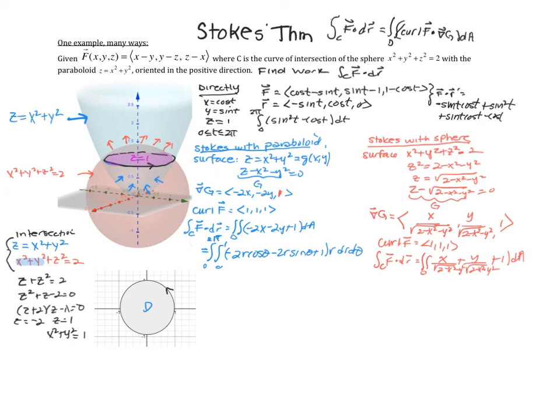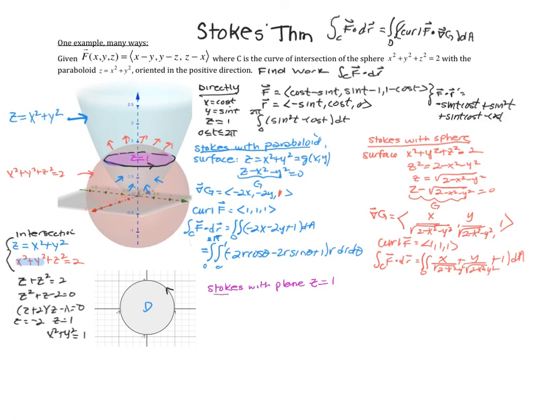And because Stokes' theorem says we can use any surface that is bound by this curve, this is a surface that's bound with that curve. And so I can use Stokes with the plane z equals 1. And that is much easier of a surface than either of the other two.